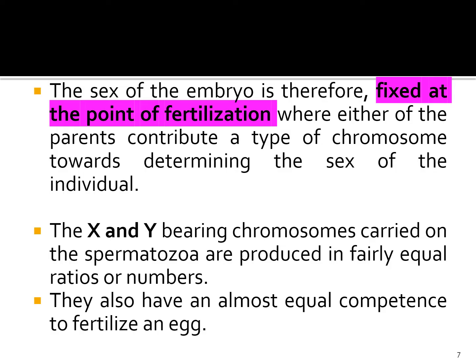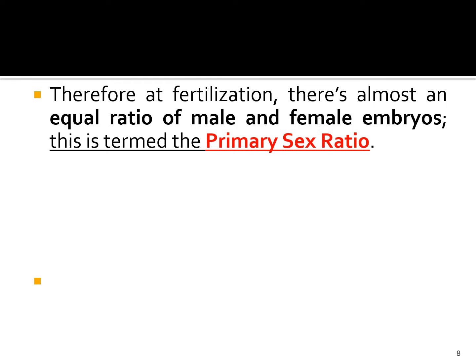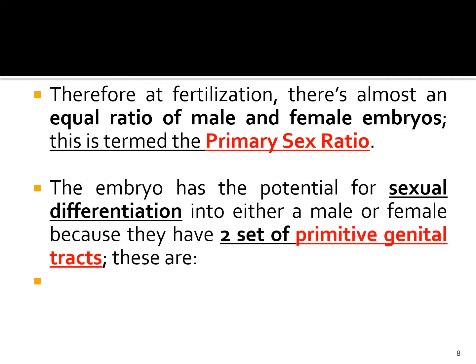So they have an equal chance of fertilizing an egg. Therefore, at fertilization, there's an almost equal ratio of male and female embryos that will be formed, and this is termed the primary sex ratio.